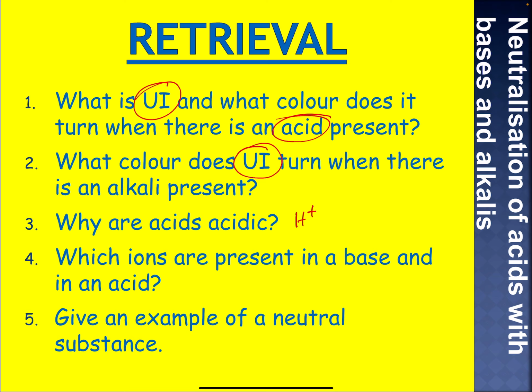Which ions are present in a base? A base is a metal oxide, so it'll be oxide ion. And an acid, I've already told you, is H plus ion. And then give an example of a neutral substance. The best example is water.